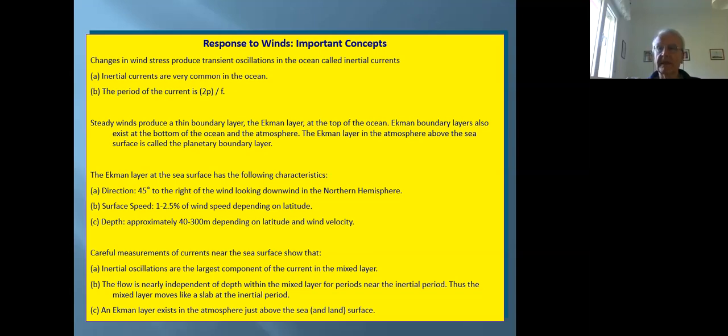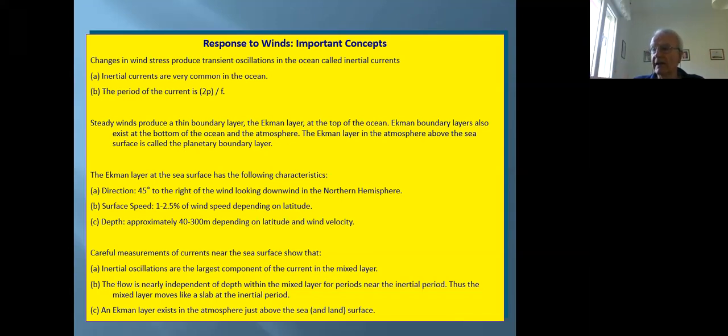The wind-induced current at the very surface is 45 degrees to the right of the wind, looking downwind, in the northern hemisphere. So if you have the wind blowing, for example, from north to south in the northern hemisphere, the current generated by this wind is not downwind, but 45 degrees to the right of the wind looking downwind.